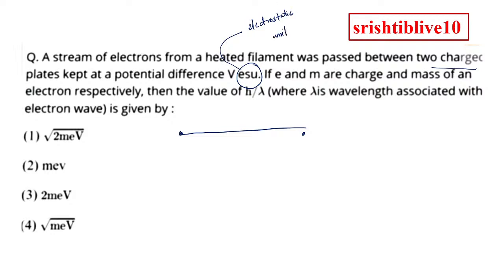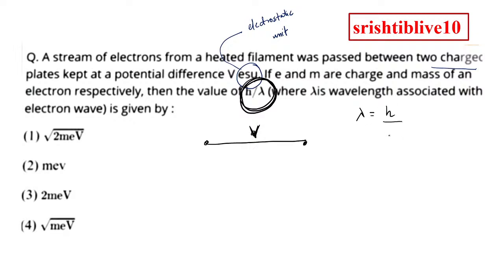So if you have two charged particles kept at a potential difference of V, and if e and m are the charge and mass of an electron respectively, then you need to find out the value of h by lambda. We know very clearly that lambda, which is your de Broglie wavelength, is h by mv.